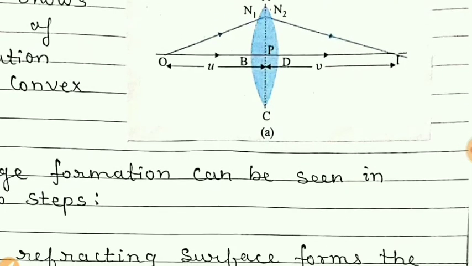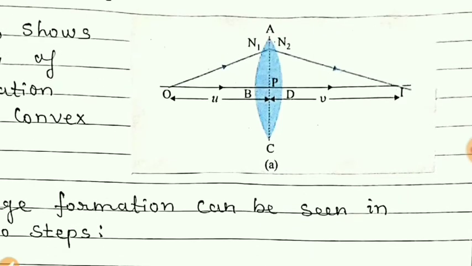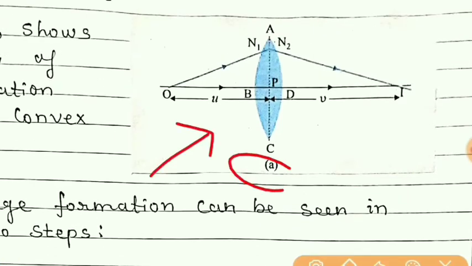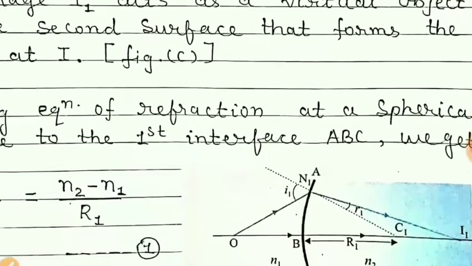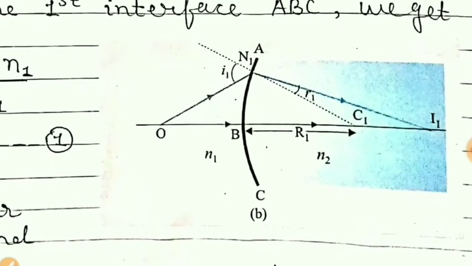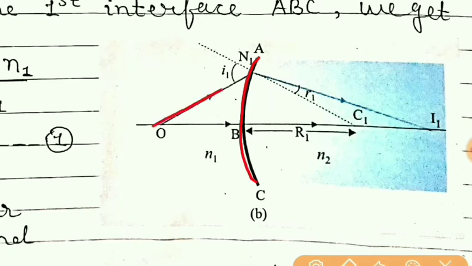So this figure can be represented as follows. First, for surface ABC, because first the refraction will take place through this surface, and due to it the image is formed here, that is taken as I1.